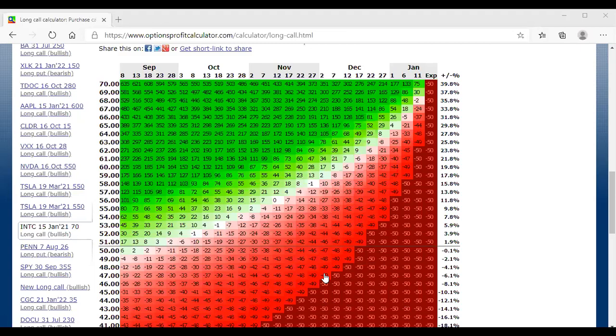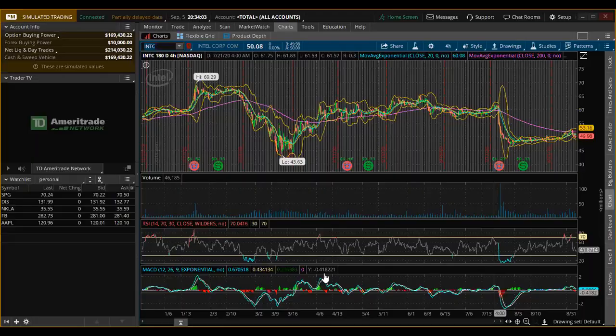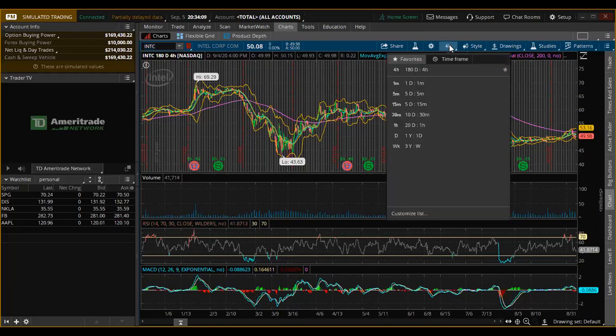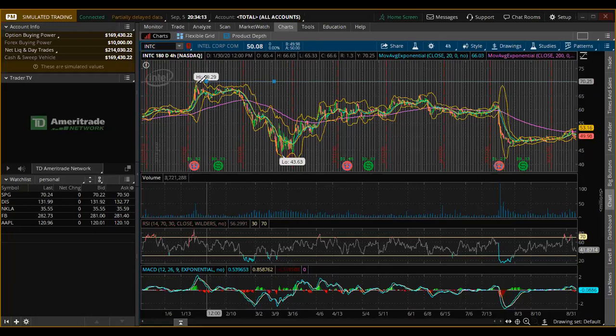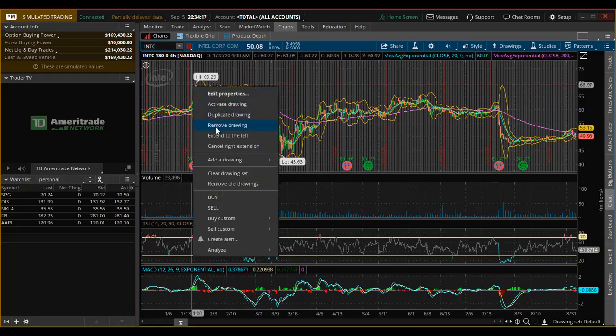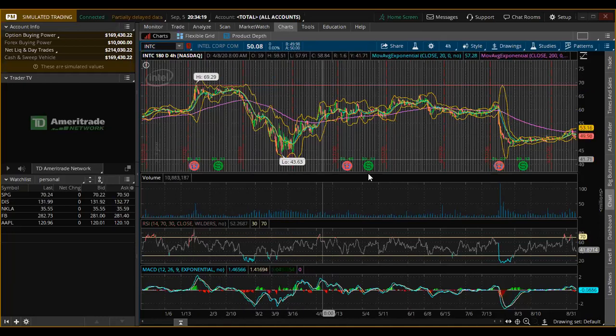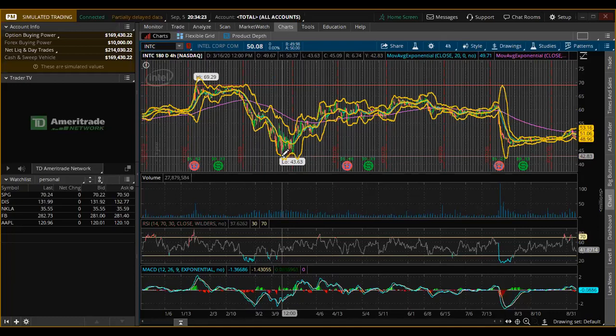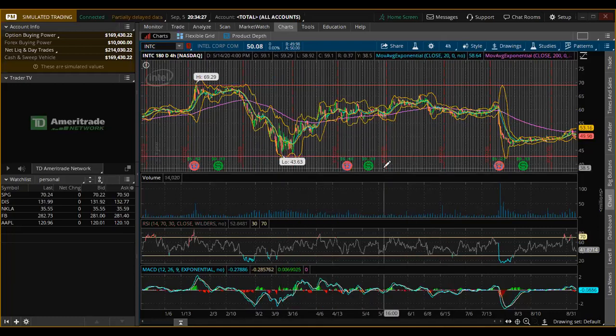Now, if I pull up the chart again, so this is the 180 day. The high for the 180 day was this, and the low to the left is here.